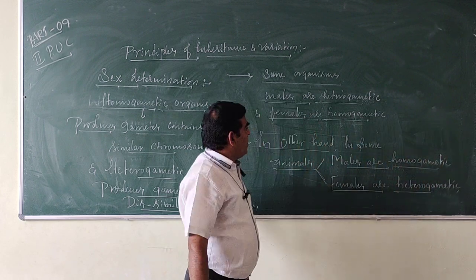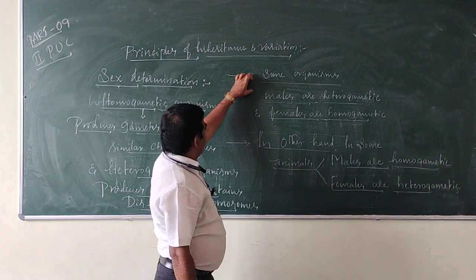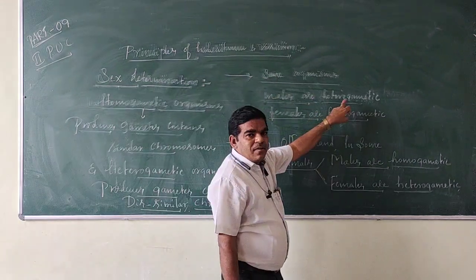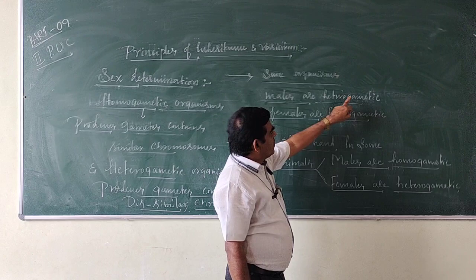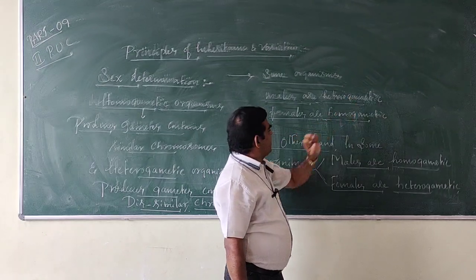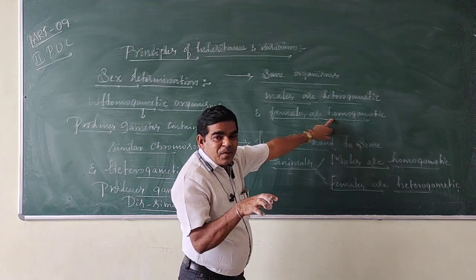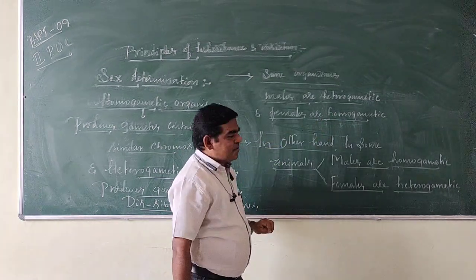Got the point? In some organisms, males are heterogametic, meaning they produce different gametes, and females are homogametic, producing similar gametes.